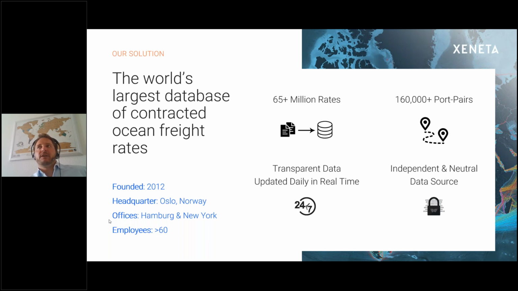The base of our information, and where our customers profit, is definitely our rate database of around 65 million contracted rates on the ocean freight market, port to port, which we have received over time from all of our customers. These are mainly either shippers, BCOs or smaller shippers, as well as freight forwarders, where we are proud to say that a vast majority of the top 10 freight forwarders in the world are now working with us.